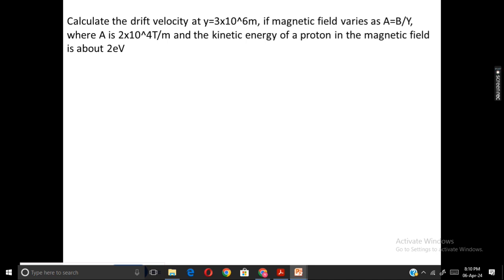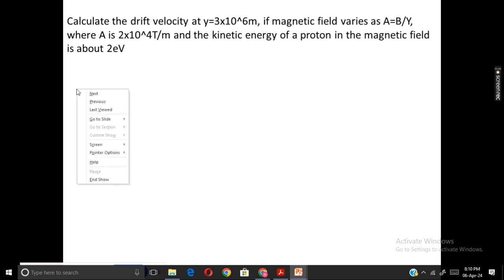Now we will move on to some problems regarding the drift velocity. The first problem is to calculate the drift velocity at y equal to 3 into 10 raised to 6 meter, if the magnetic field varies as A equal to B by Y, where A is given as 2 into 10 raised to 4 Tesla per meter, and the kinetic energy of a proton in the magnetic field is about 2 electron volt.